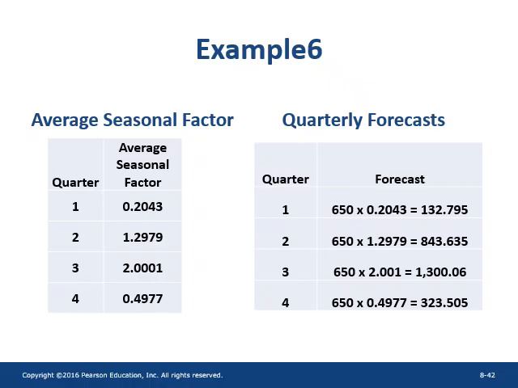So essentially what we've done is we've computed seasonal factors for each year we have data, averaged like seasons, then taken our unseasonal forecast of 650 a quarter and seasonalized it. We could have done the same thing in an additive way, where instead of computing a ratio each quarter, we would be computing a difference each quarter.